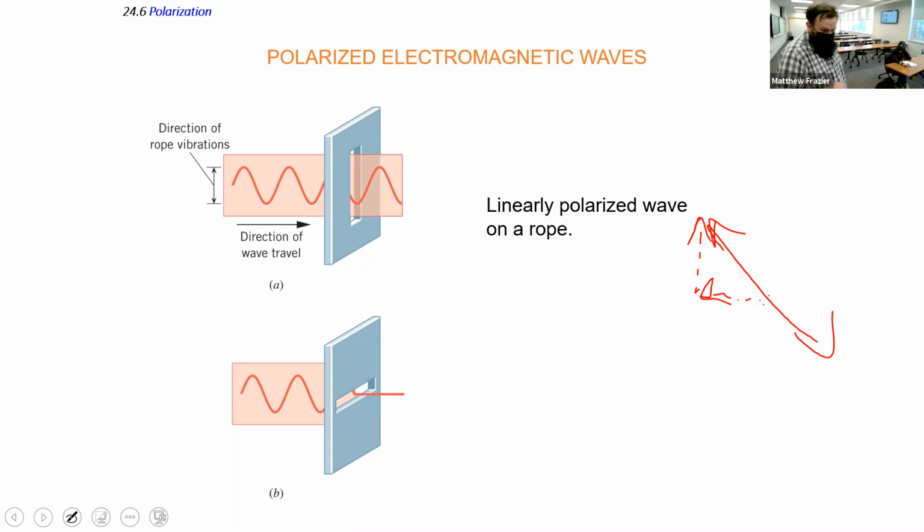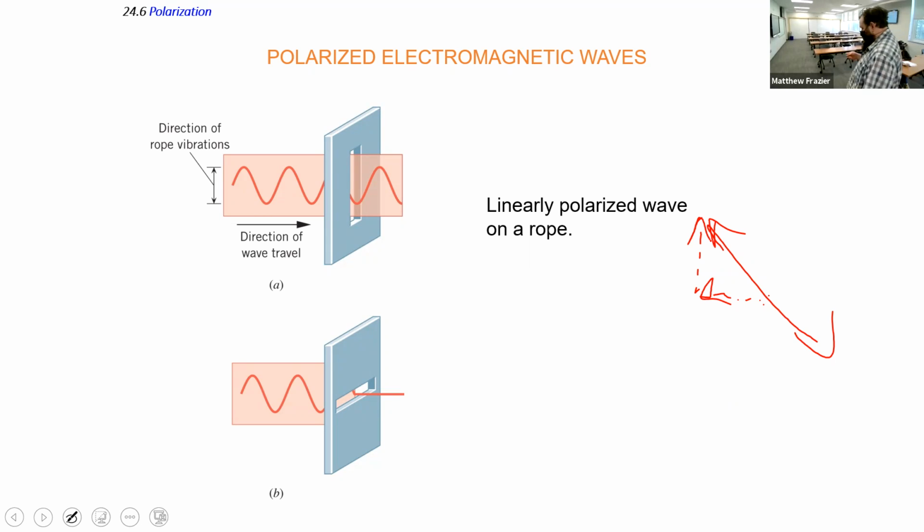We take a string and put it through a picket fence, a slot, and that slot selects for different orientations. If the slot's vertical and the string is oscillating vertically, the wave passes through. If the slot's horizontal and the wave's vertical, or the wave's horizontal and the slot's vertical, it gets stopped. One wave lets it move like a free end, and the other lets it move like a fixed end, which is not moving.